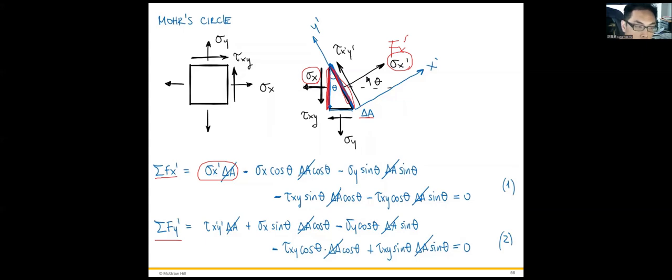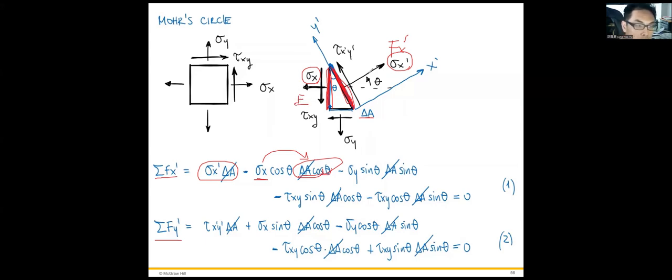It equals delta A times cosine theta. So the area of this surface is delta A times cosine theta, and sigma x times delta A cosine theta equals the force in this direction.